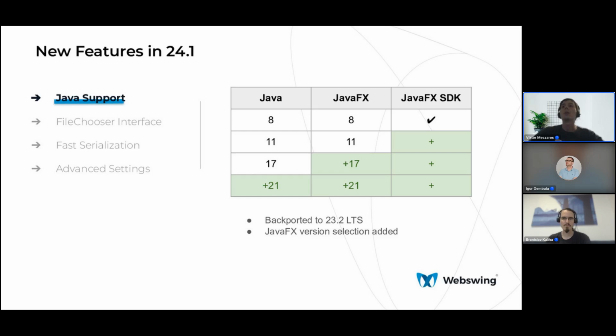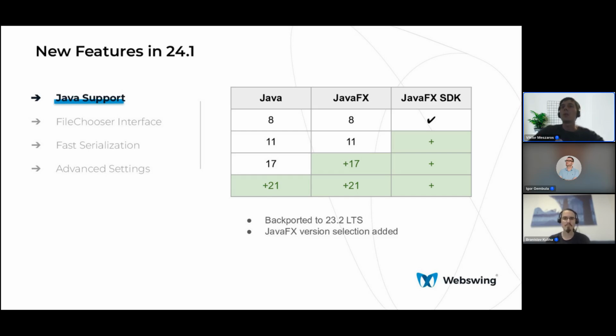But JavaFX 17 had some breaking changes, so we had to add a separate toolkit implementation for 17, and we also did 21. Now it's also possible to switch versions of JavaFX in the configuration, which previously wasn't possible. You always had to use the same version of JavaFX as you used Java, but that's now fixed.